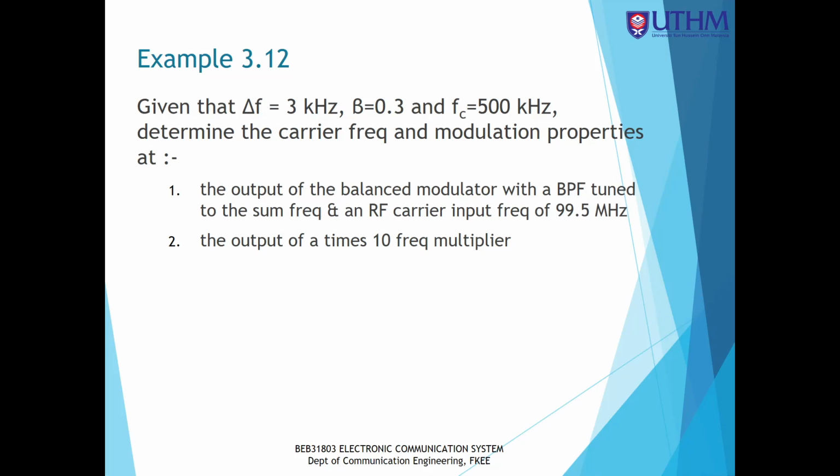You are given delta F 3 kilohertz, beta 0.3, FC is 500 kilohertz. This is the given input produced by the narrowband FM modulator. Then we want to determine the carrier frequency and modulation properties, first if we use the heterodyning method.